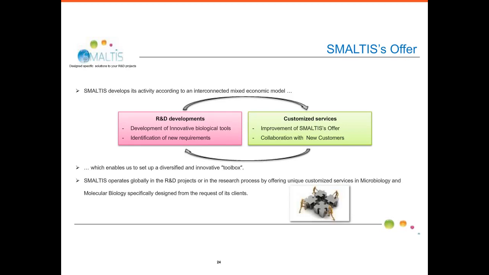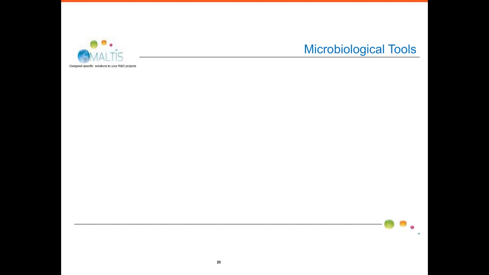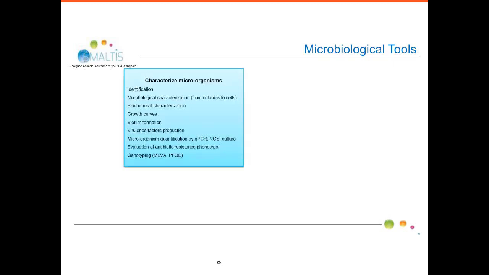But before giving you an overview of our capabilities, I'm going to first introduce our microbiological tools. They are divided into 5 groups. The first one includes all the methods to characterize microorganisms. For instance, at SMALTIS, we are able to identify all bacteria, yeast and mold using methods from culture to next generation sequencing technologies.